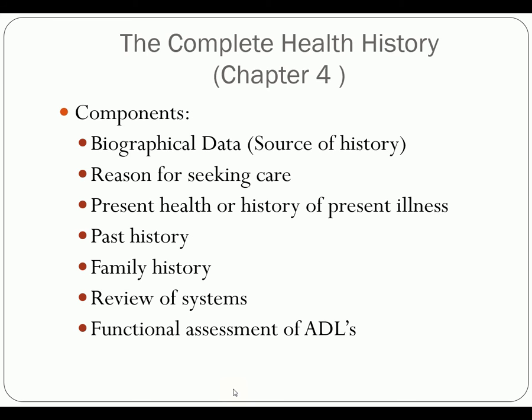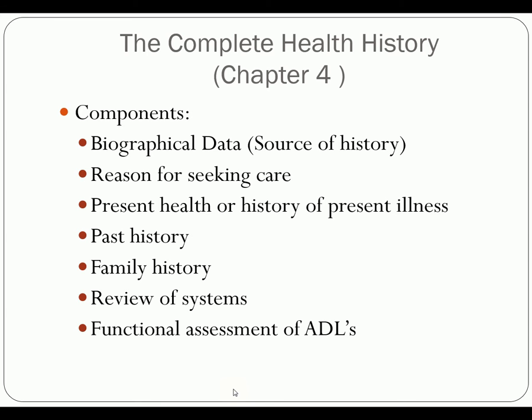So if you look, I told you you'd have two separate things here. One of them was the actual grading tool, and that's what we're going to look at now: the grading tool for the comprehensive health history and physical exam. Number 1, accurately document all the components of a comprehensive health history.